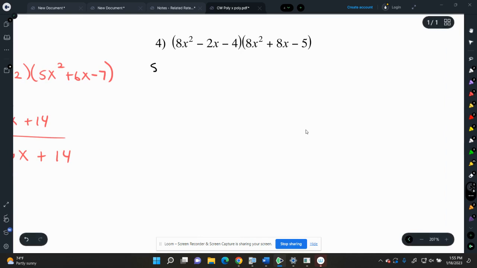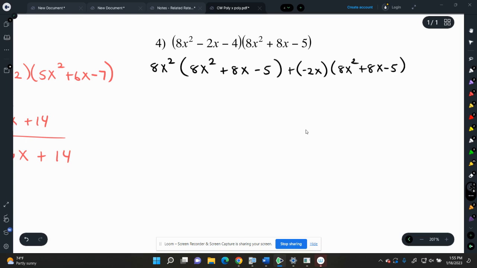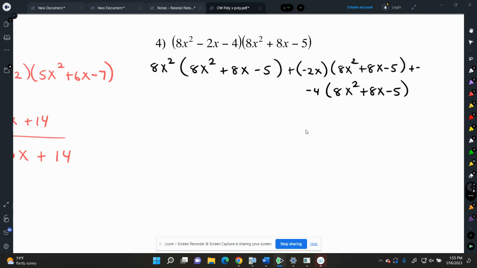So I'm going to do 8x squared times 8x squared plus 8x minus 5, plus negative 2x times 8x squared plus 8x minus 5, plus negative 4 times 8x squared plus 8x minus 5. Let's do this one, and then I'm going to give you your homework worksheet to do.